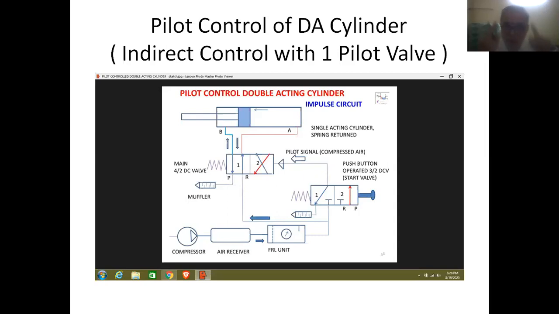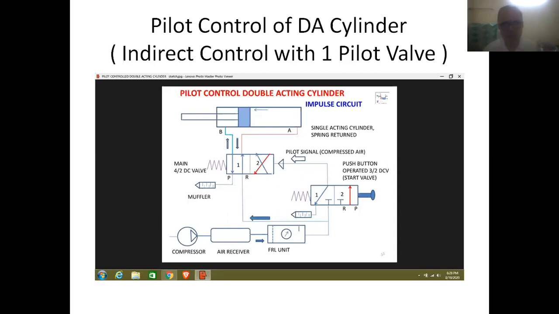But in the case of hydro-pneumatic systems, oil will be used as a primary fluid and air will be used as a secondary fluid. So friends, we have to be very careful and identify the basic difference between a primary fluid and a secondary fluid. The fluid used for the piston is called a primary fluid, and the fluid used for the element of the DC valve is called a secondary fluid.